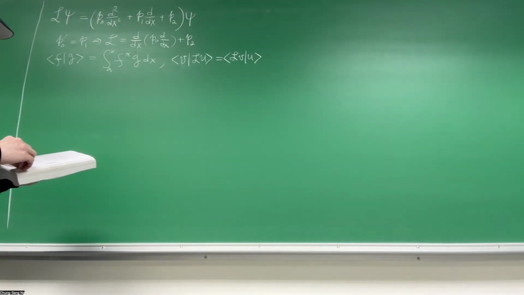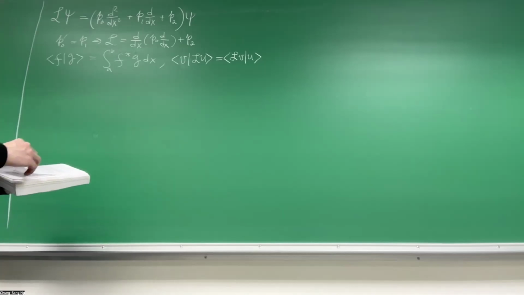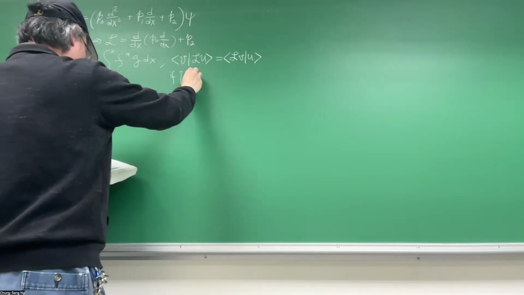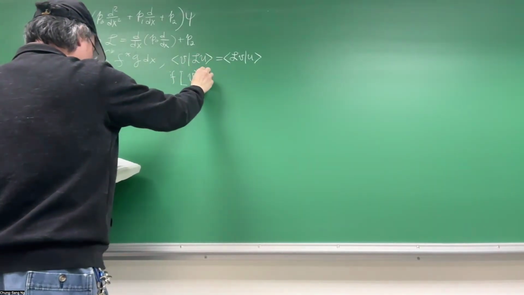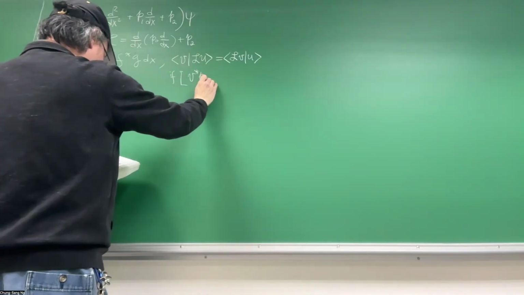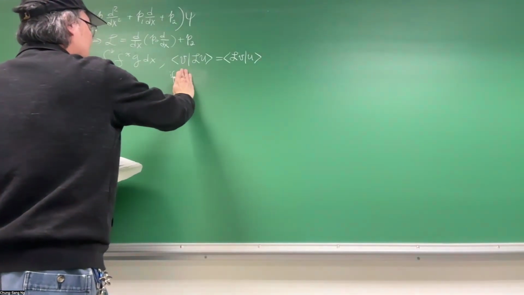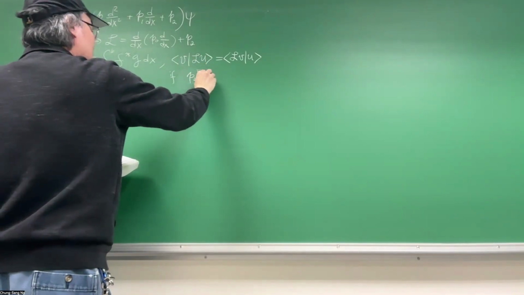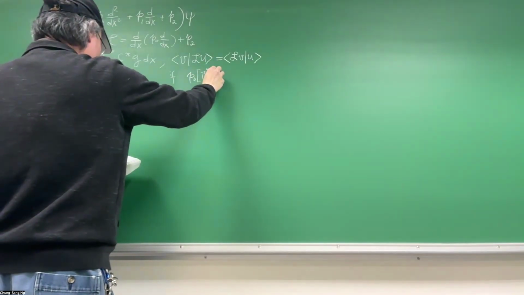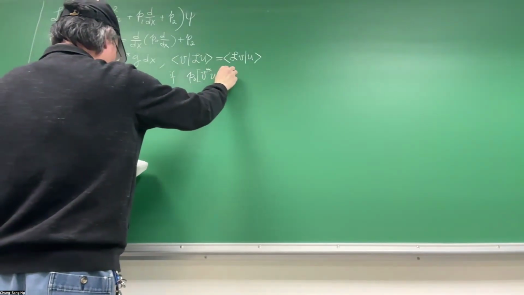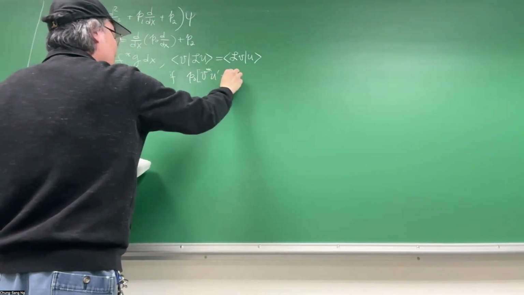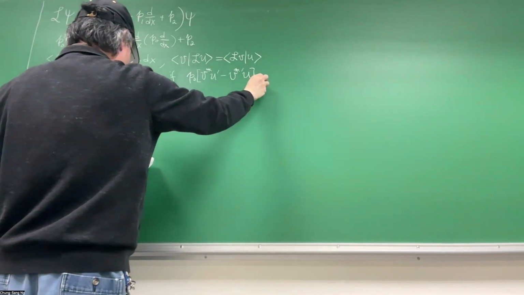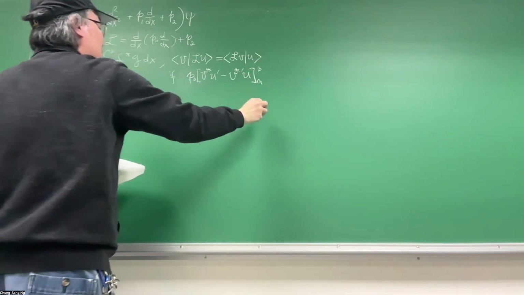The boundary terms are in equation 8.12. In this boundary term you have V, P sub 0, U prime minus U star prime V, evaluated at A and B as 0.